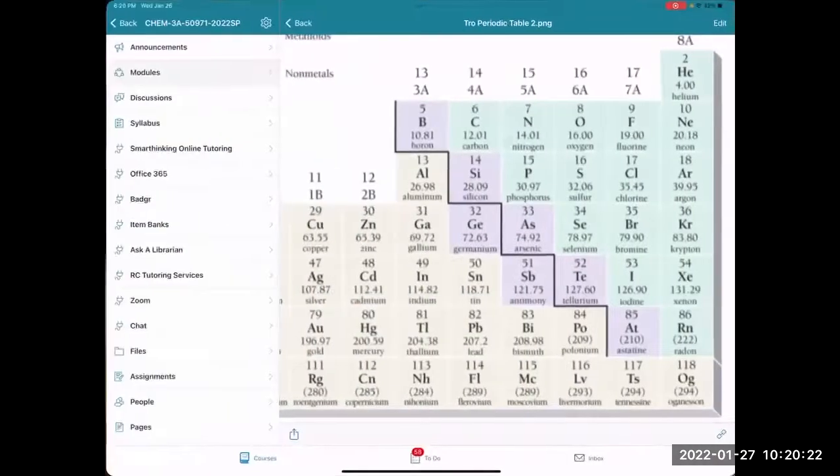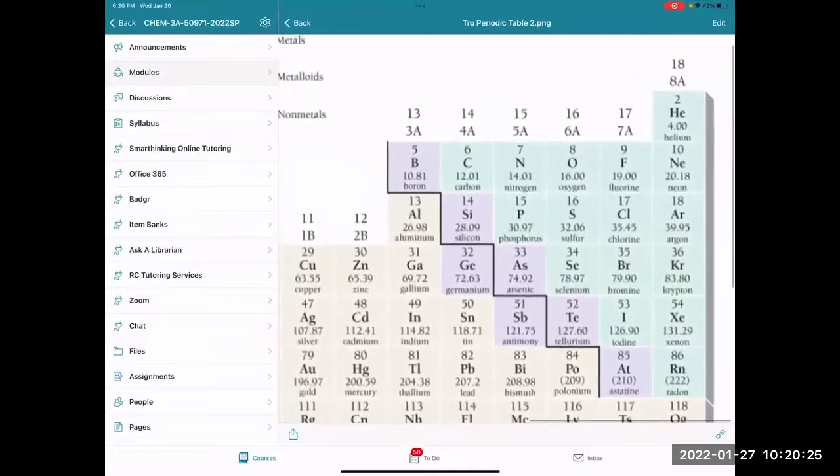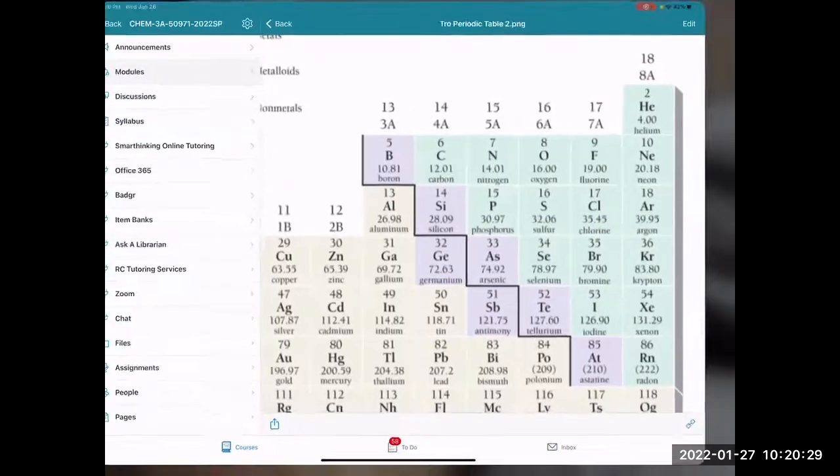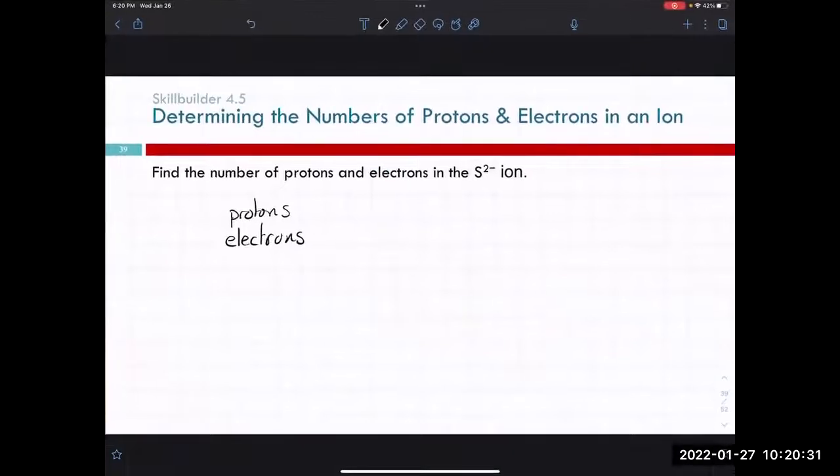Okay, sulfur, element number 16. So because it's element number 16, that's its atomic number. 16 protons. Yep. 18 electrons. Because we have a 2- charge, we must have 2 more electrons than we do protons.